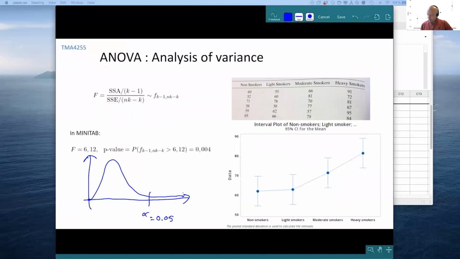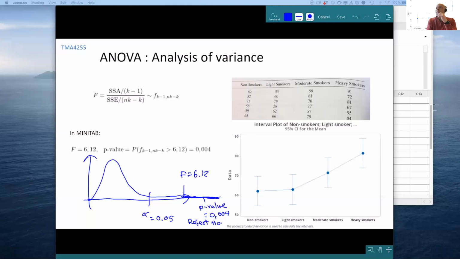And then here we see that we get something here. This is our F. And the chance of having something this large or larger is the p-value. And this is very small, just 0.004. So here we would then reject H0. It's very surprising to get such a large value.